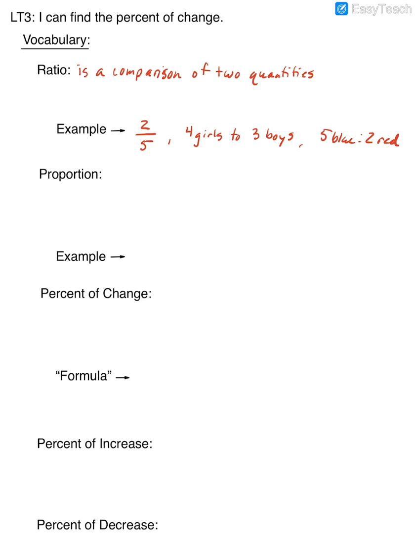The one that we'll use the most here is the fraction form, because that leads me into the next one, which is a proportion. So a proportion is a number sentence where two ratios are equal to each other.